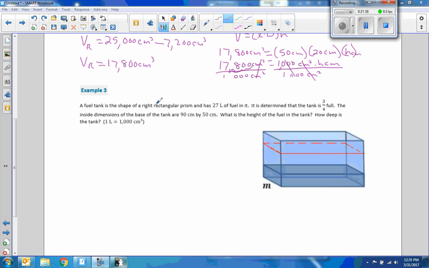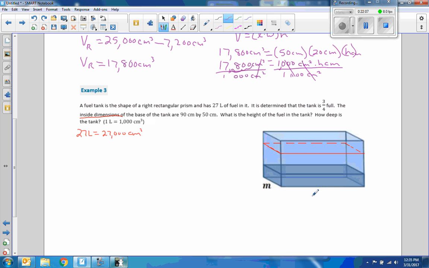So it says a fuel tank is shaped like a right rectangular prism, and it has 27 liters of fuel. So 27 liters equals 27,000 cubic centimeters. It is determined that the tank is 3/4 full, so I wrote that there. The inside dimensions of the base, again, they gave us inside. There's no subtracting required by the thickness of the material used to make the tank.